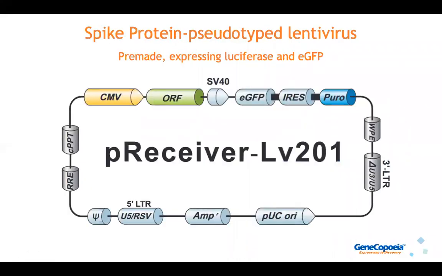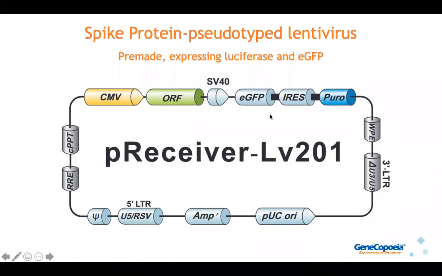When we created spike pseudotyped lentivirus, we started out with a transfer vector known as pReceiver-LV201.